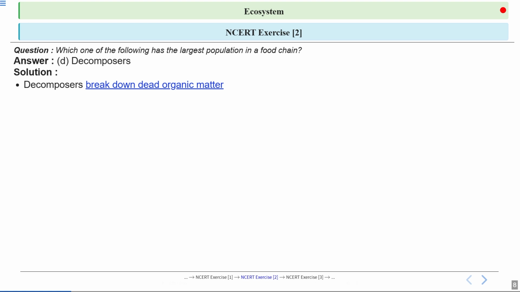Decomposers break down dead organic matter into simpler substances which help recycle nutrients back into the soil, making them available for plants to use again. The process of recycling nutrients back into the ecosystem is essential for maintaining life, as it ensures that essential elements like carbon, nitrogen, and phosphorus are reused rather than lost.